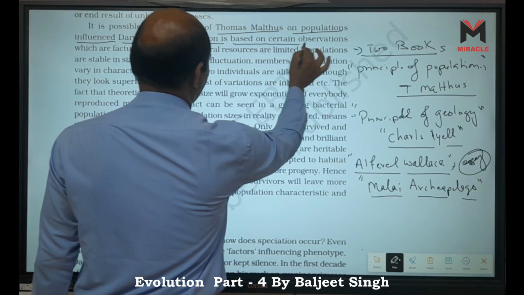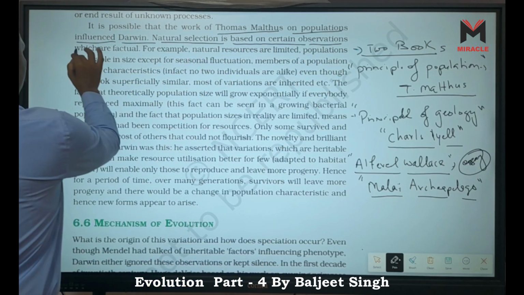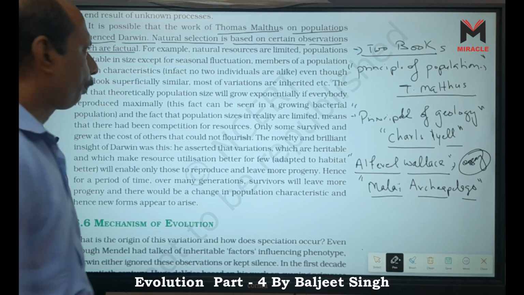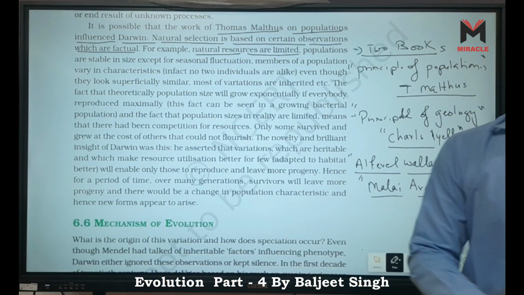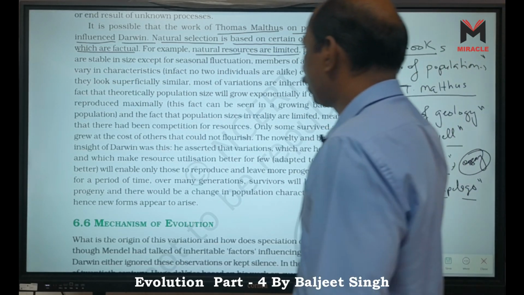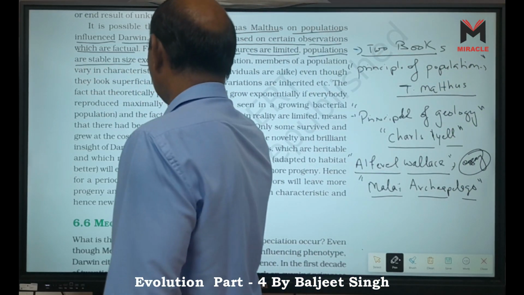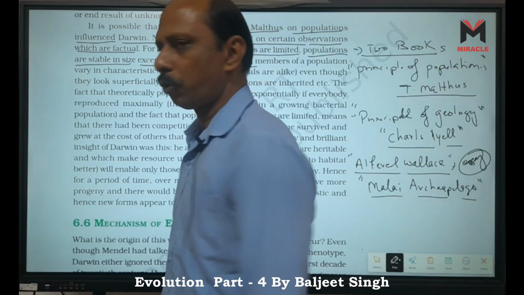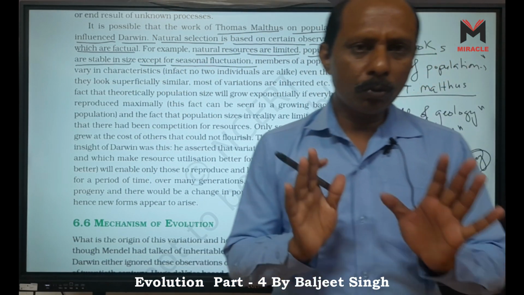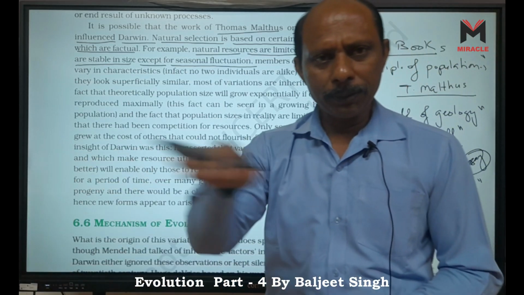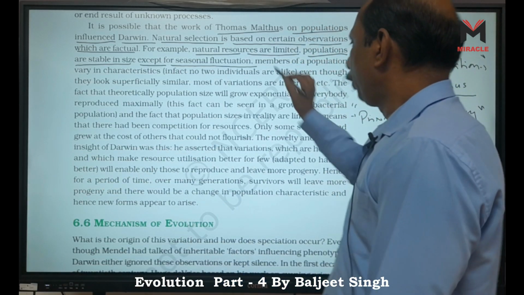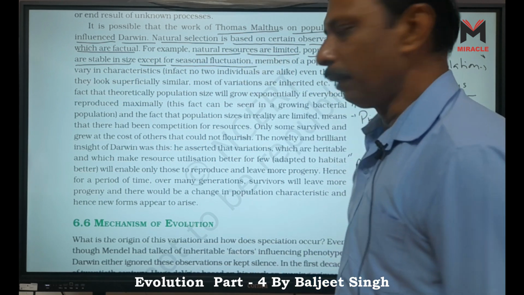Natural selection is based on certain observations, which are factual. For example, natural resources are limited. Populations are stable in size except for seasonal fluctuation, so population is essentially constant: lag phase, then log phase, and then it becomes constant, because resources are limited.